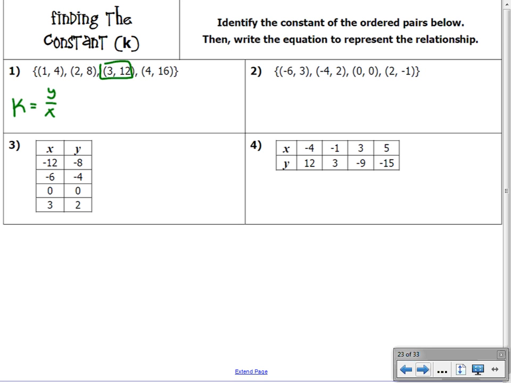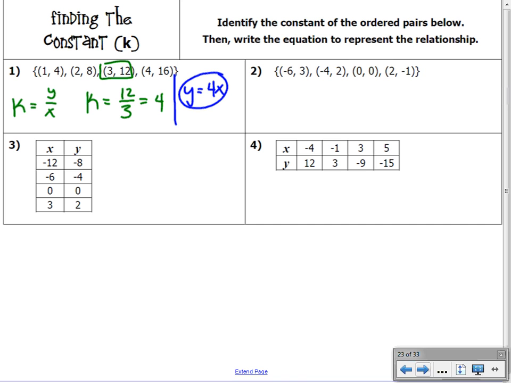It doesn't matter which one I choose. I should get the same k value regardless. So if I use 3, 12, I'm going to take my y value, divide it by my x value, and simplify. So here I get k is equal to 4. Well, if k is equal to 4, and my equation is y equals kx, my equation for this is y equals 4x.